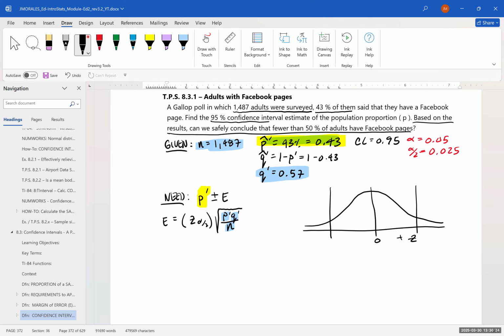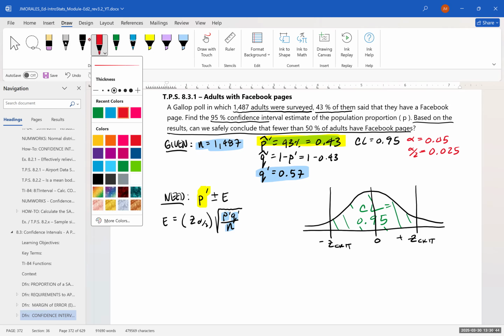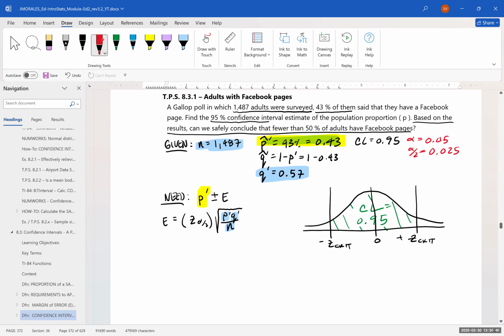This is our positive Z crit score, negative Z crit score. Now, if you're starting to be able to do this in your sleep, that's good. I want this process firmly embedded in your statistical brain here.